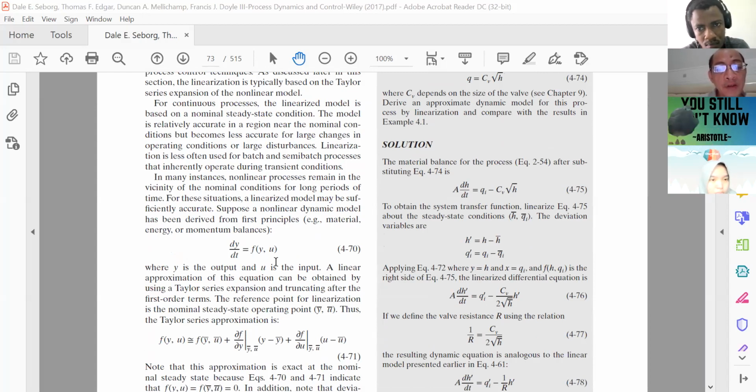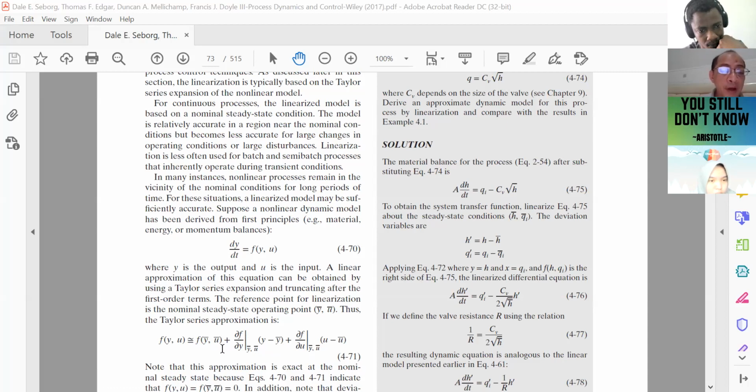If we linearize this function, then it should be written as f(y, u) equal to f at y bar and u bar, plus the differential of the function with respect to y at y bar and u bar times (y minus y bar), plus df/du at y bar and u bar times (u minus u bar). So we have to linearize this.